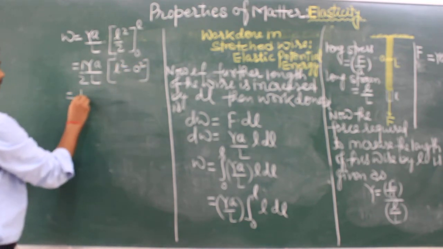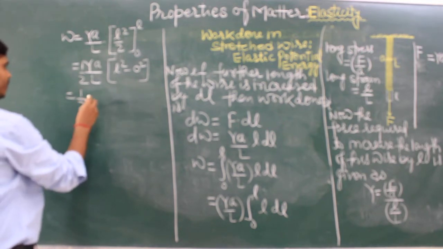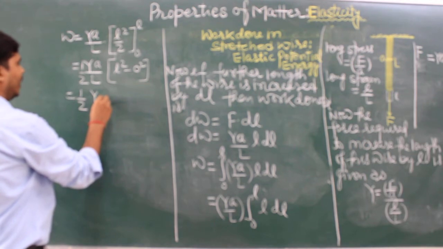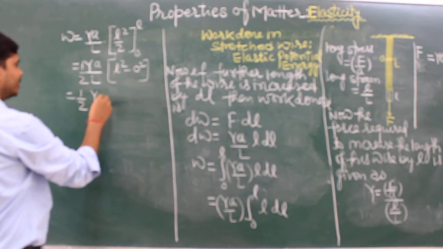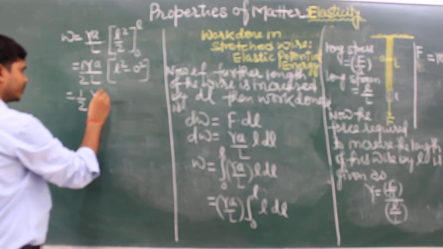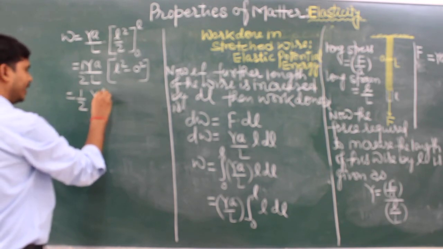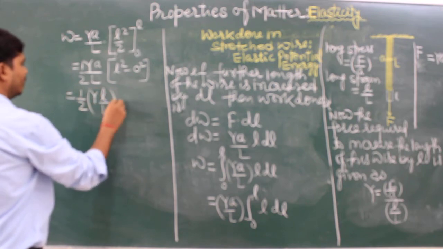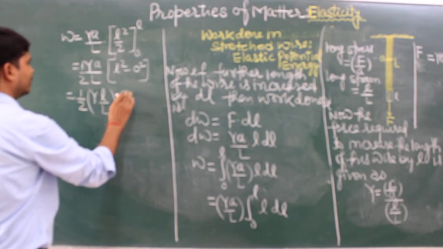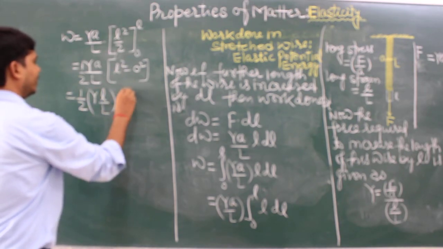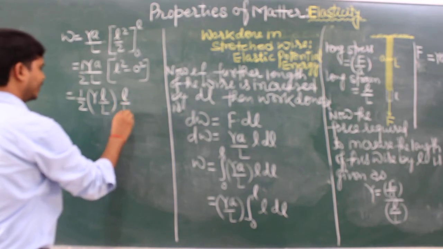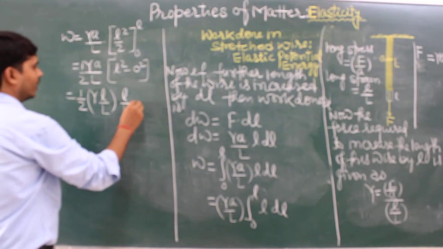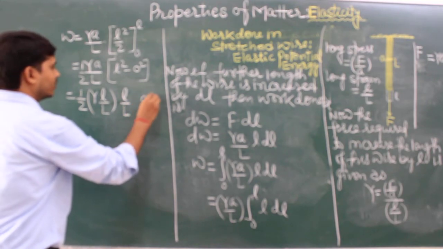Now this can be written as half Y, and here is the l square, so we will take one l and this l, and one l here, and again we write one capital L into A L.